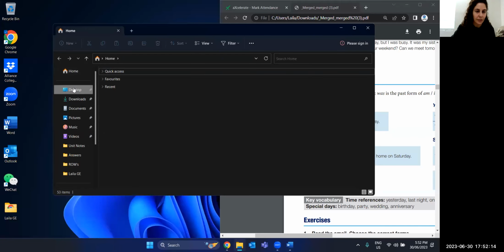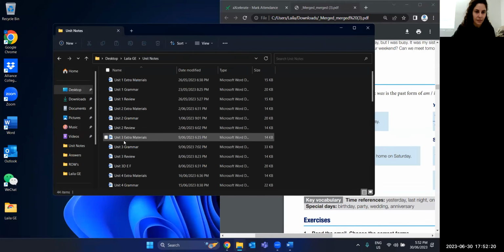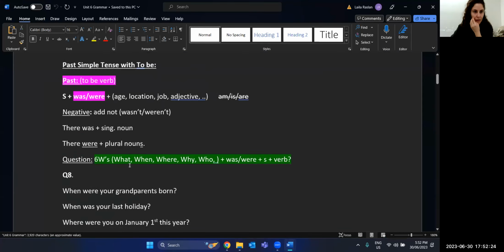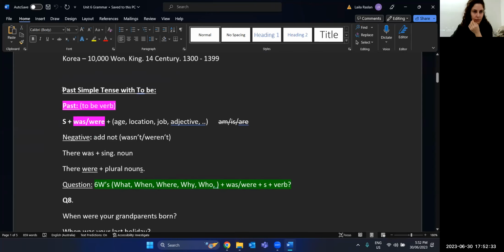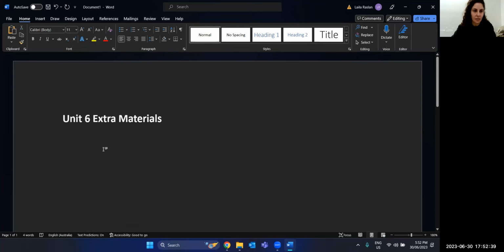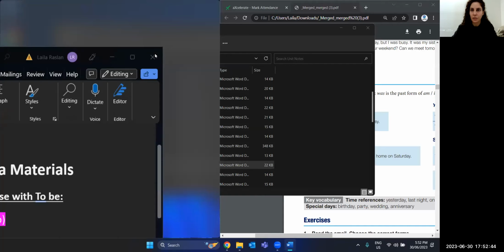I'll quickly bring up the Unit 6 grammar, which we would have looked at very early in the week. I won't repeat writing it. Let's see if we can write some notes.